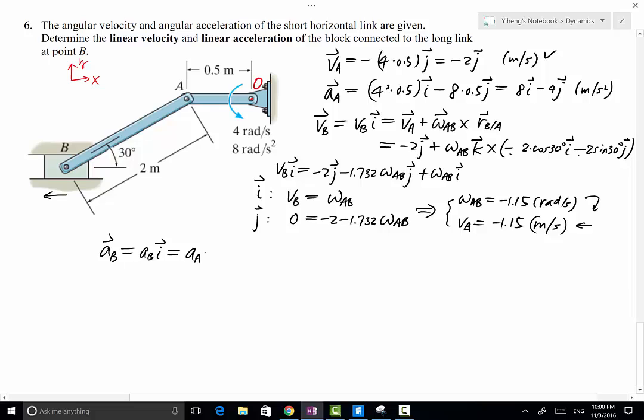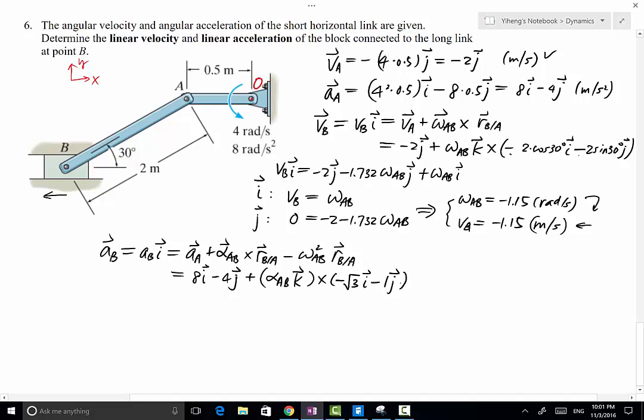That equals A vector plus alpha AB vector cross R B relative to A minus omega AB squared R B relative to A. So this equals 8I minus 4J determined earlier, plus alpha AB, we don't know what it is, but the direction is K direction, cross, same RAB from the previous step, negative 2 times cosine 30 degree, so that's basically just square root of 3, minus 2 times sine 30 degree, that is just 1.